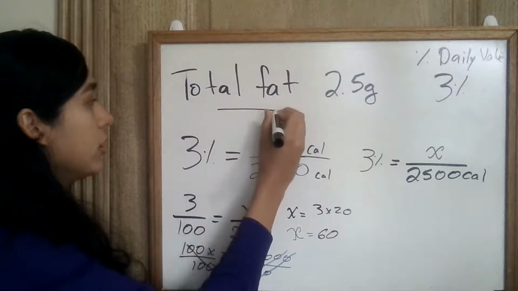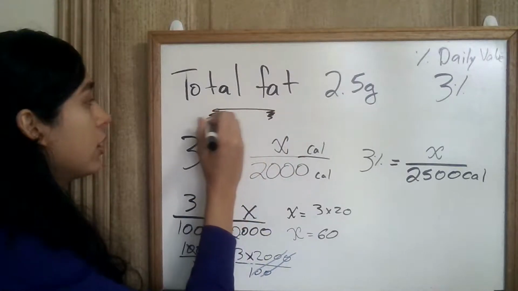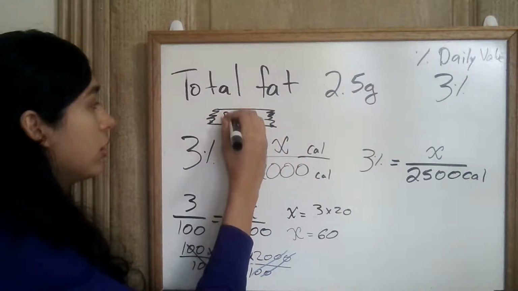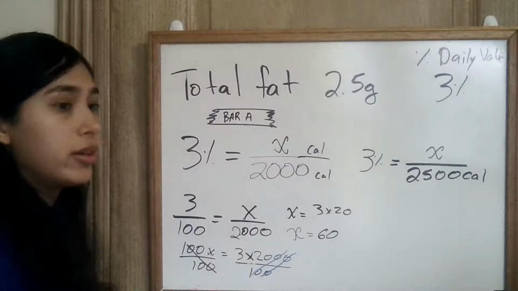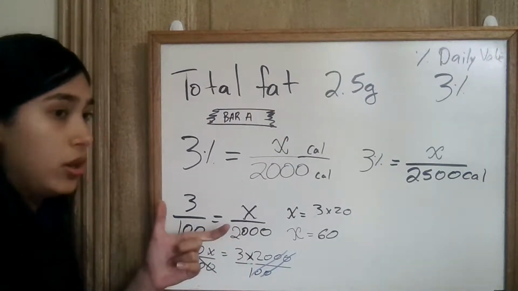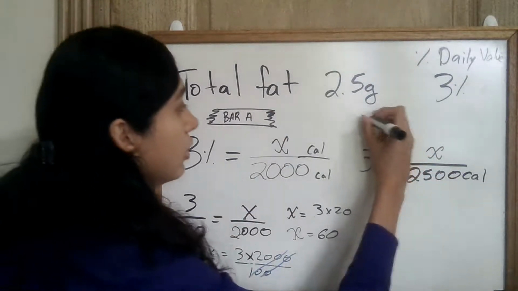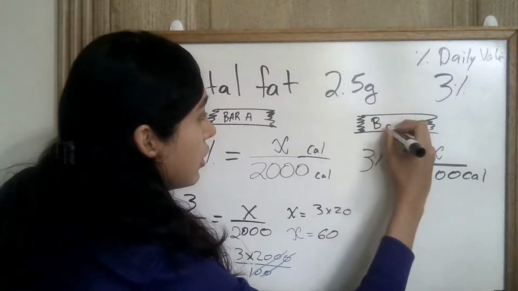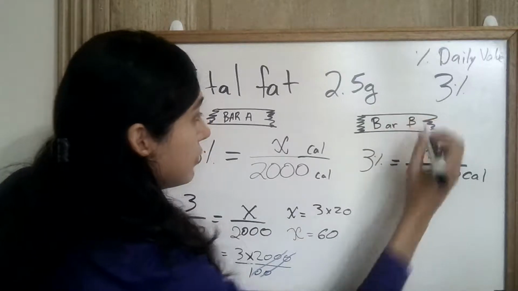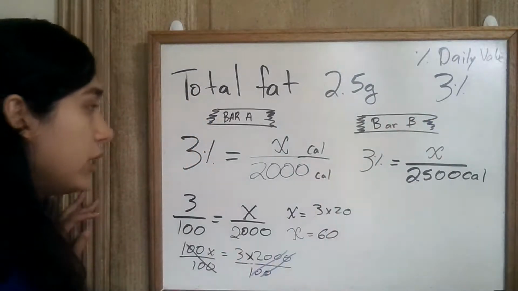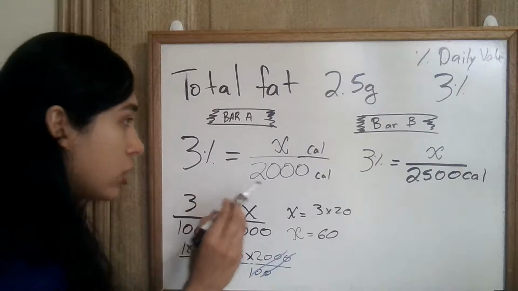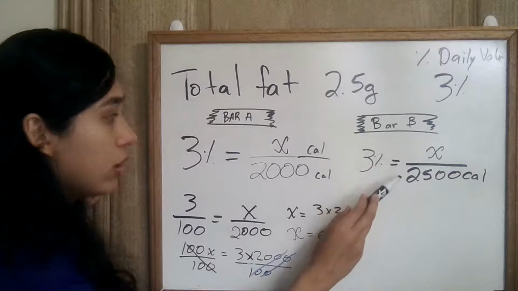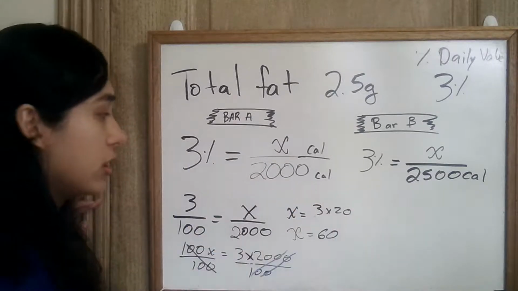So let me show a graphic. In my granola bar, I'm talking about the granola bar, not bar as a place that sells alcohol. So this is bar B. So here, I know the denominator right here is different. My numerator is going to have to be different as well, even though they're both 3%.